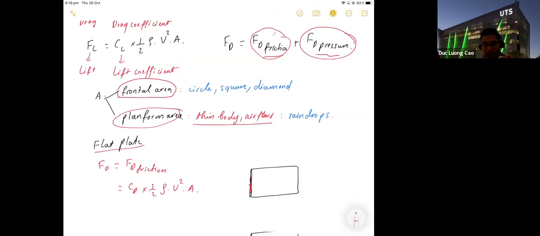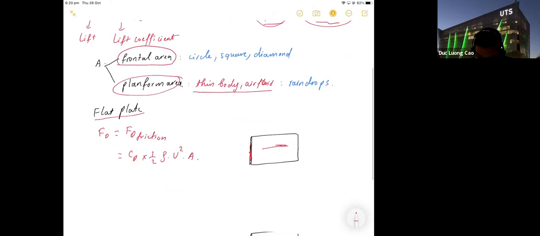But you see, we have friction on two sides of the flat plate. You have the flat plate like this, above and the bottom, so it is on two sides of the flat plate.